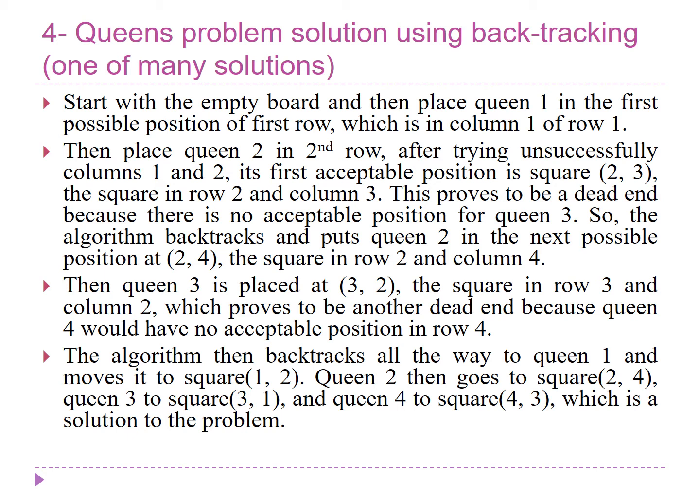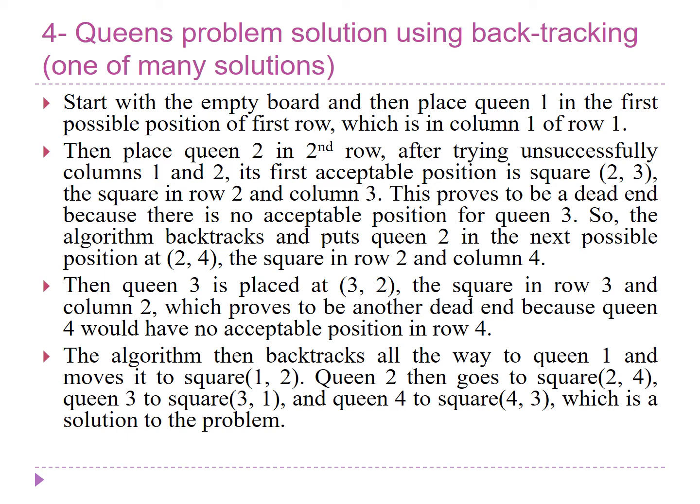Start with the empty 4 by 4 chessboard and then place queen 1 in the first possible position of first row, which is in column 1 of row 1. Then place queen 2 in the second row. After trying unsuccessfully in column 1 and 2, its first acceptable position is the square in row 2 and column 3.